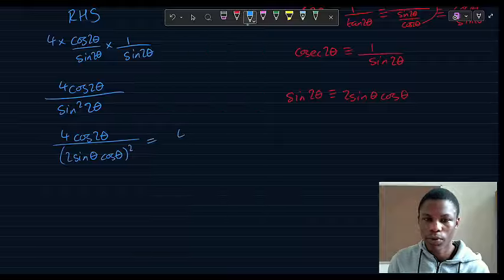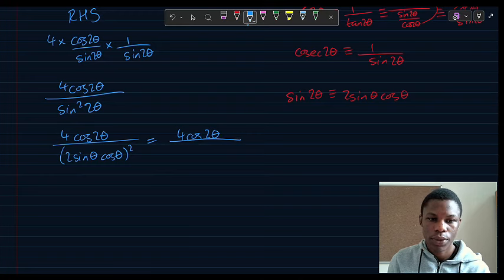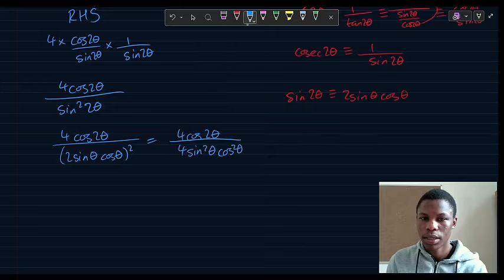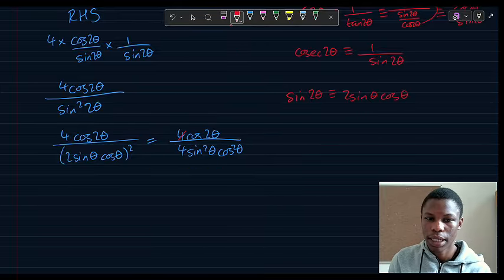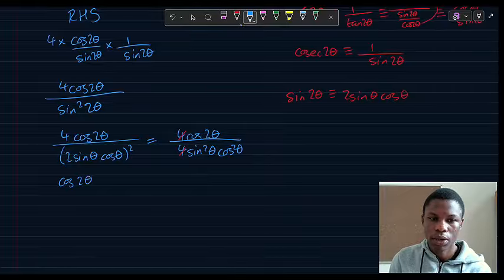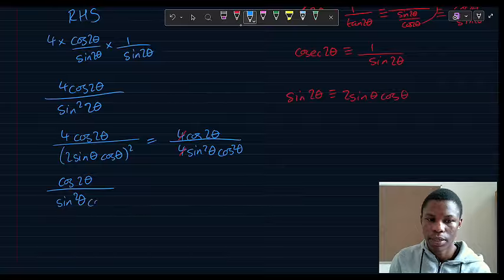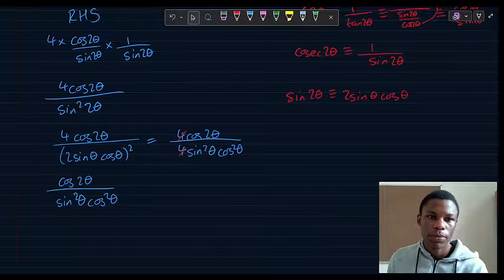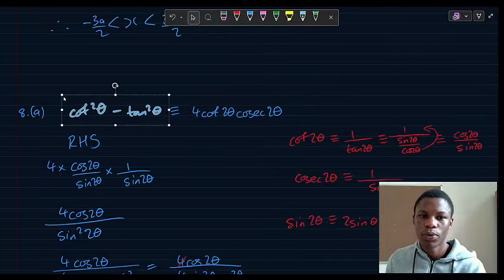So this becomes 4 cos 2 theta over, square the 2, you get a 4, square the sine, you get sine squared, square the cos, you get cos squared theta. All right, and so my 4's cancel out, and now I've just got cos 2 theta over sine squared theta cos squared theta.